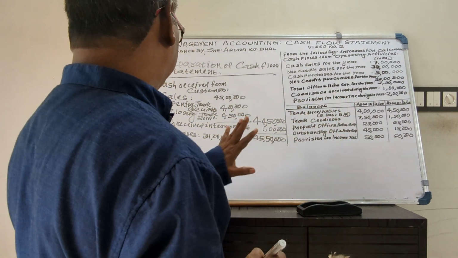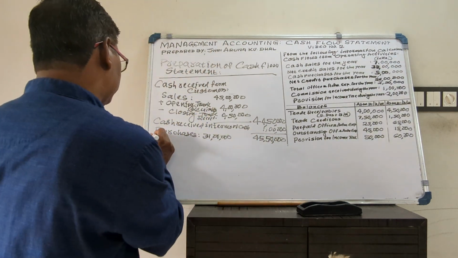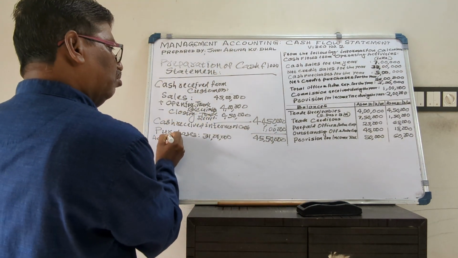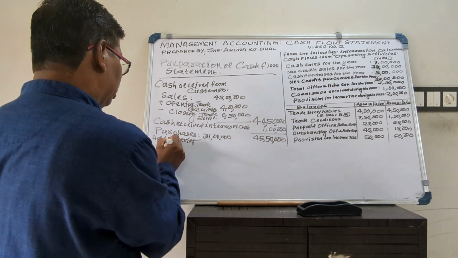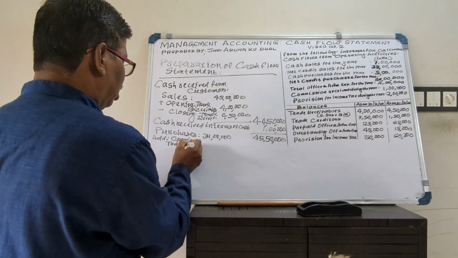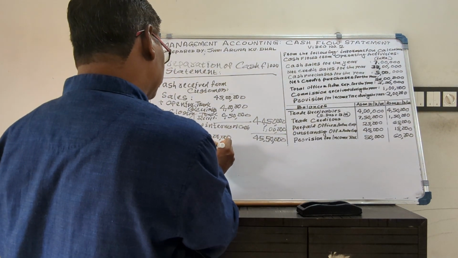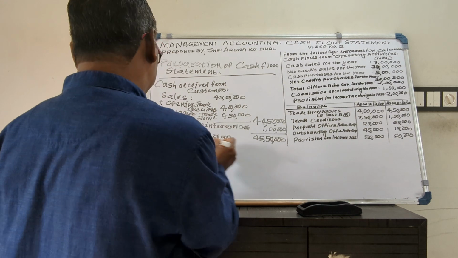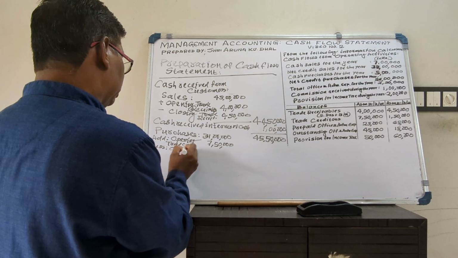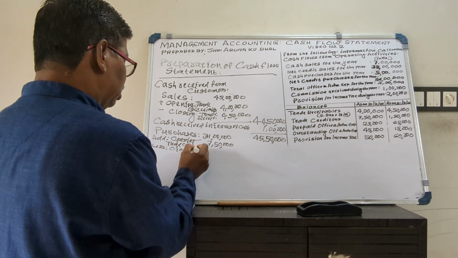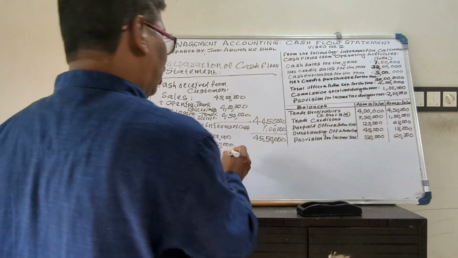This year our total purchase comes to 31 lakh, plus opening trade creditors 7,50,000, less closing trade creditors 1,50,000.